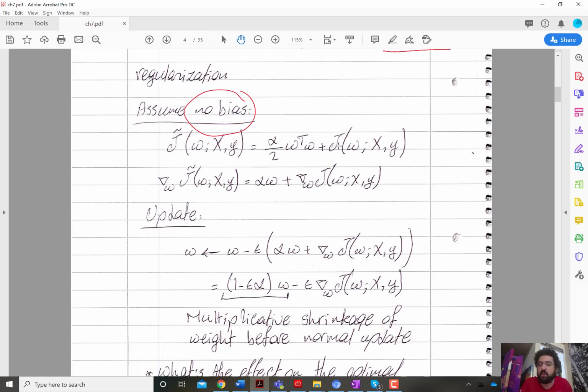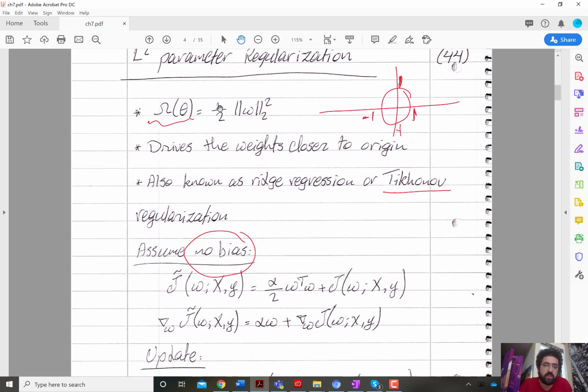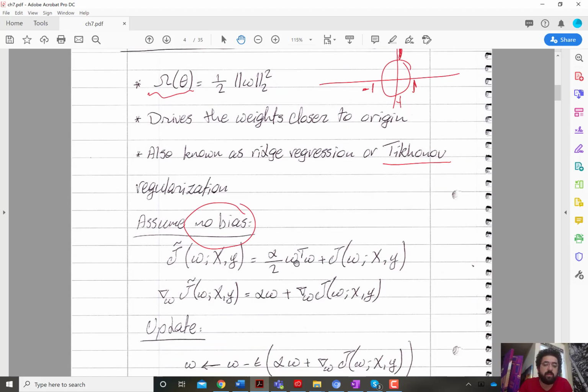Even then, typically the regularization cost is a function of the weights only. Then we add alpha, the regularization coefficient, times omega, which is here half the L2 norm squared. The L2 norm squared is given by W transpose W. If I have a vector of weights W and multiply its transpose by itself, I'm squaring every element and adding.